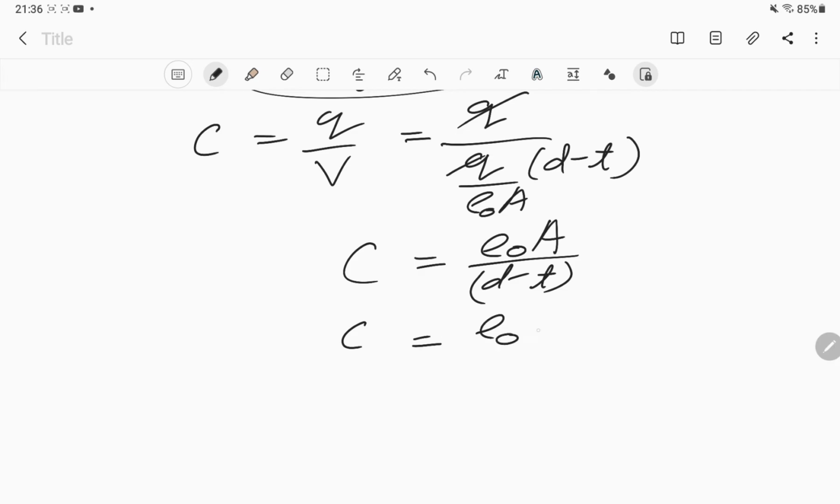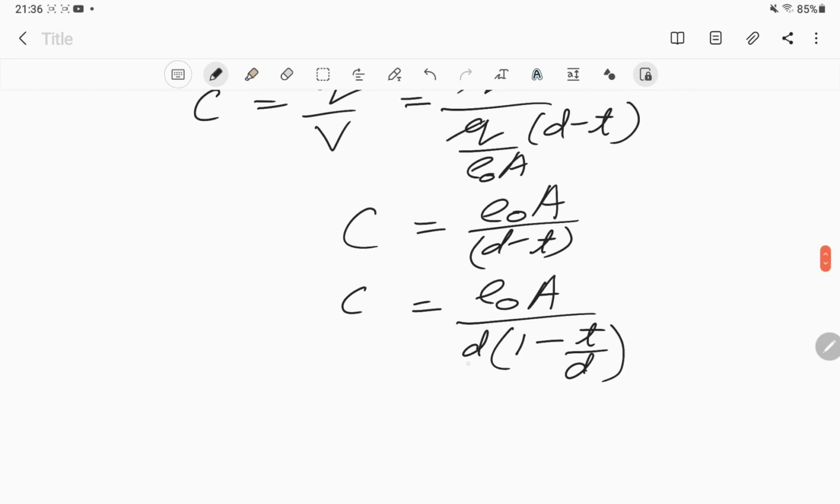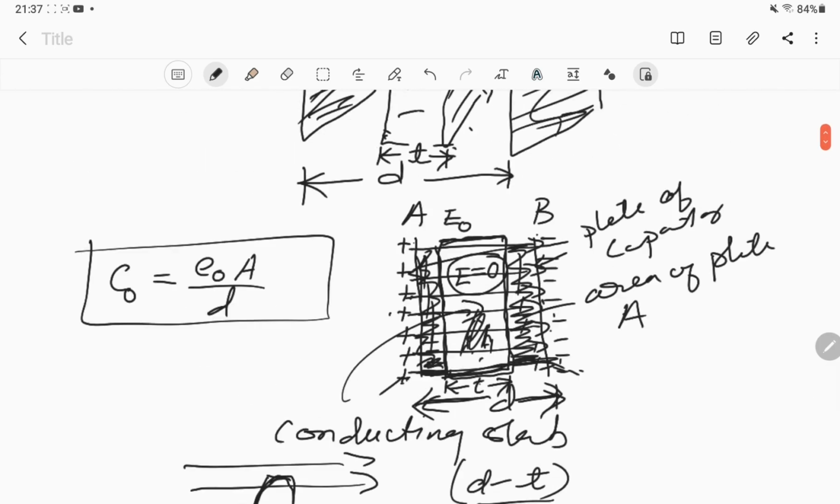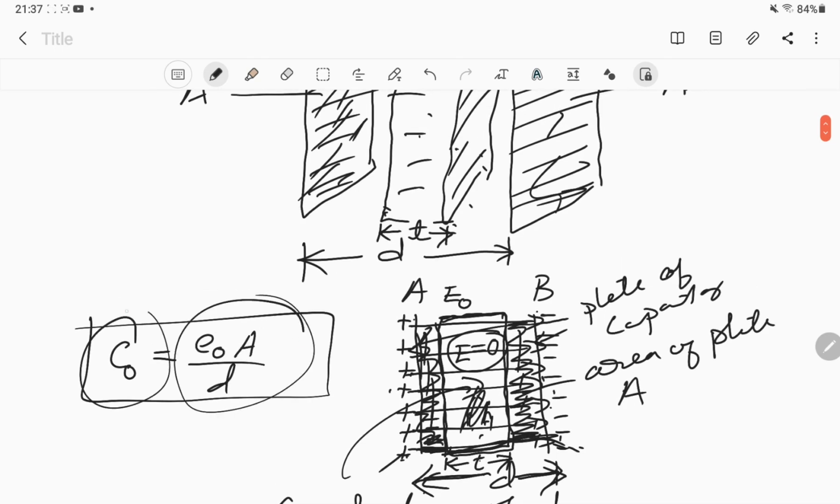Again I can write this as epsilon naught A by D, and if I take D common, we get 1 minus T by D. So C equal to epsilon naught A by D into 1 minus T by D, and epsilon naught A by D is C naught.